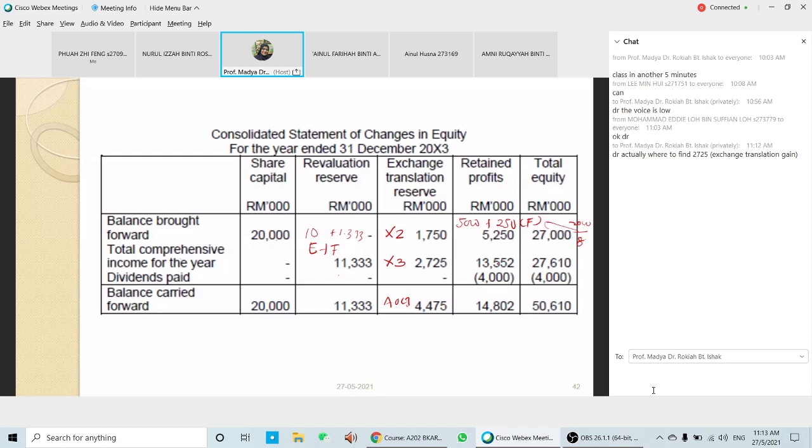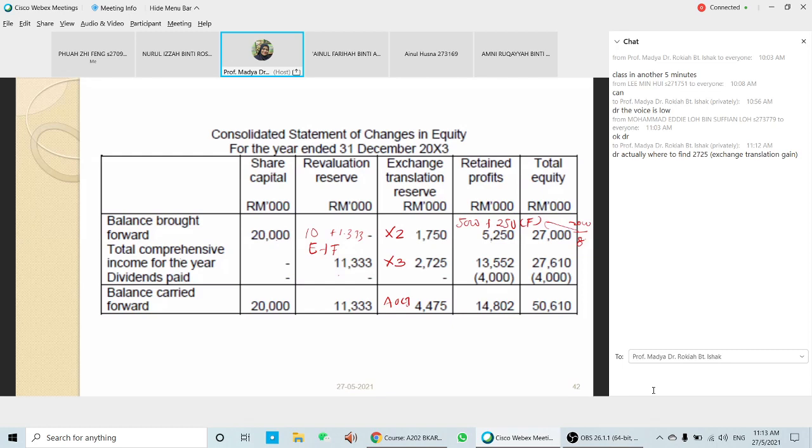Okay, and then total comprehensive income 13,552. Where do you get this 13,552 here? 13 here is from the parent's comprehensive income. If you look at the parent's comprehensive income, the parent has a comprehensive income here. Okay, look at that one.